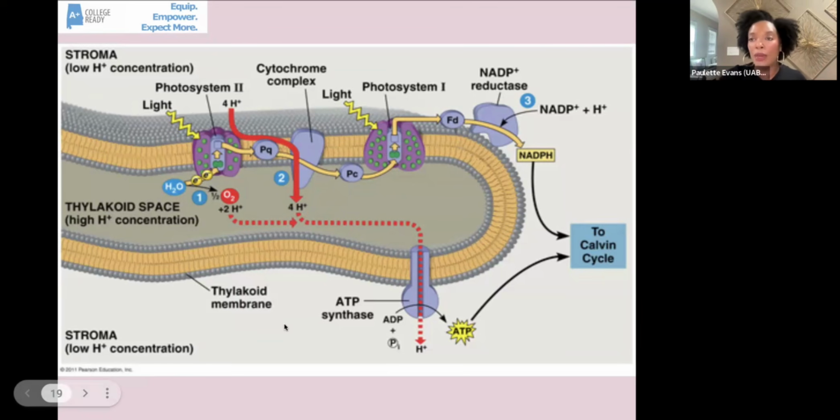Okay. This is very important because we're going to make some ATP. It's going to be your first introduction to making ATP. Here's the protein ATP synthase. Okay. What happens? ATP synthase is going to be kind of the house for this reaction. The positively charged hydrogens that have built up a high concentration on the inside of that thylakoid space are going to barrel through ATP synthase, all right?